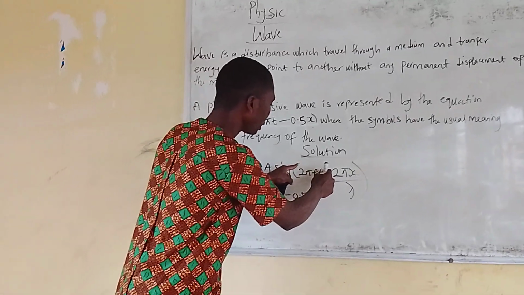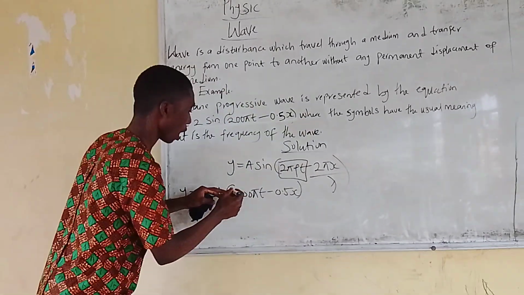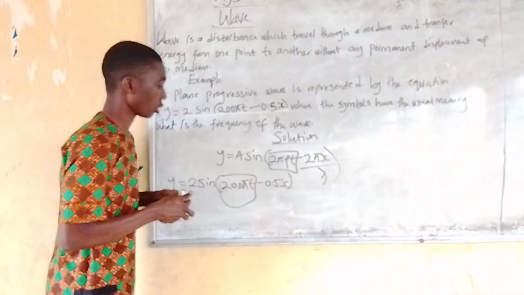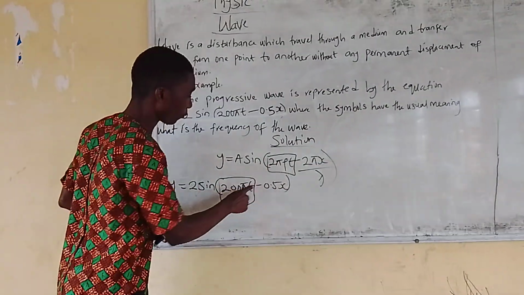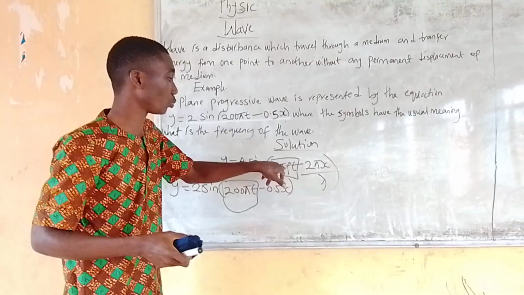So we are going to compare this part, because this is where the x is, and we are going to compare this. The reason is that we have t here and t here, we have pi here and pi here. If you are looking for frequency, that means we have f here.